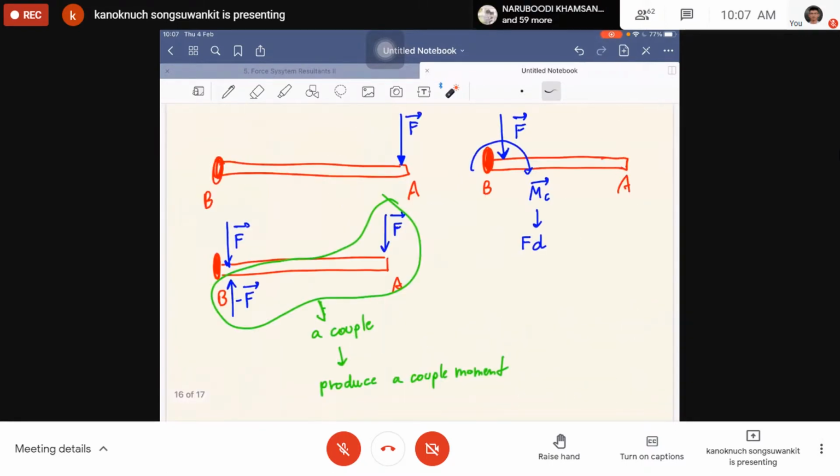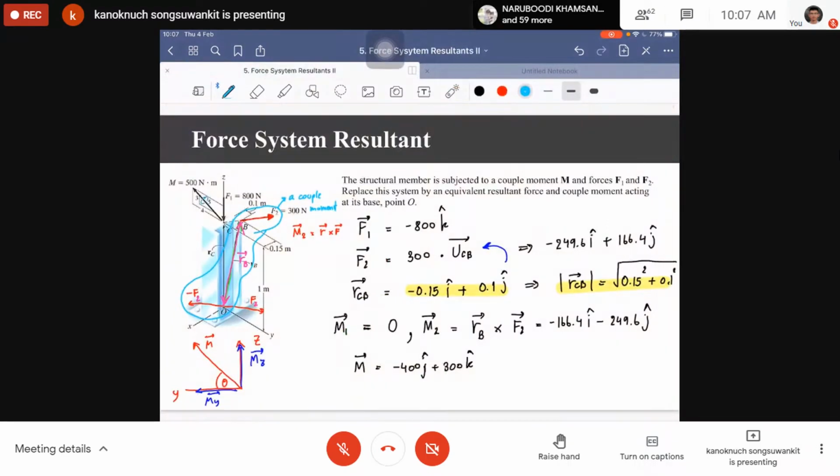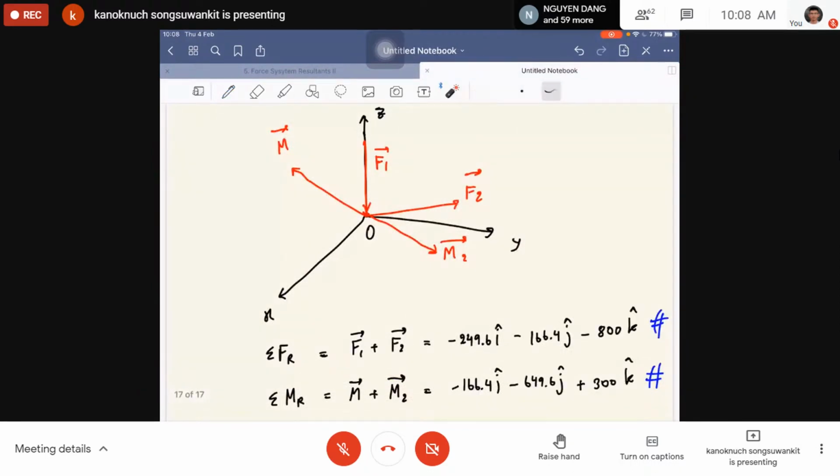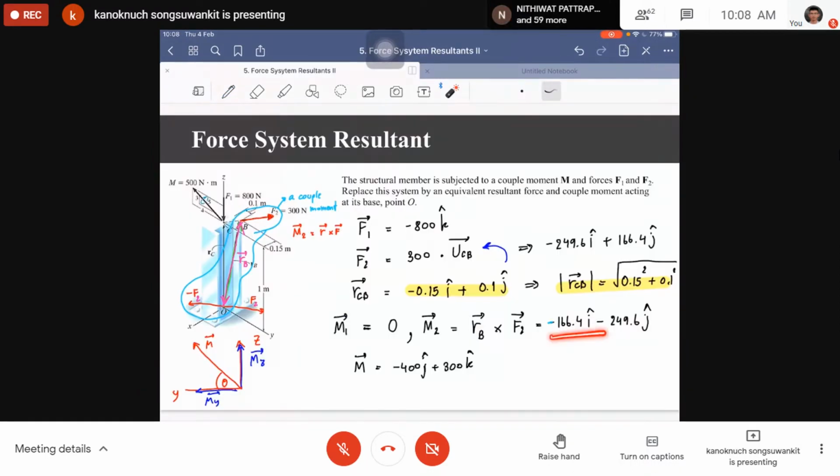Oh, it should be negative. Okay, sorry. Oh, here it's already negative. So, right, it's already negative. Okay, thank you. Why did I get a different answer, with a different moment? Well, basically the same number, but different sign.